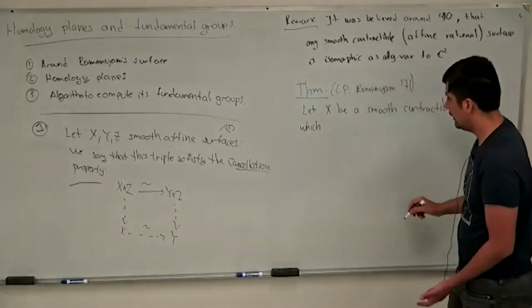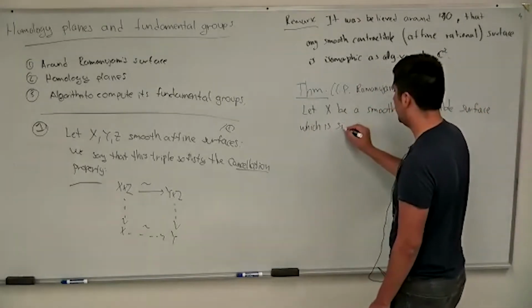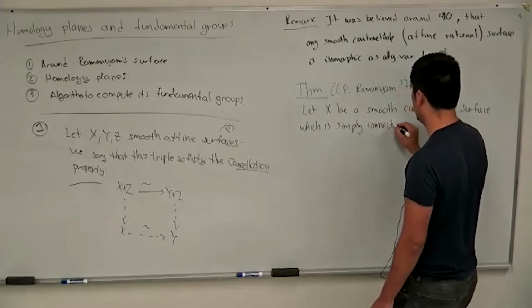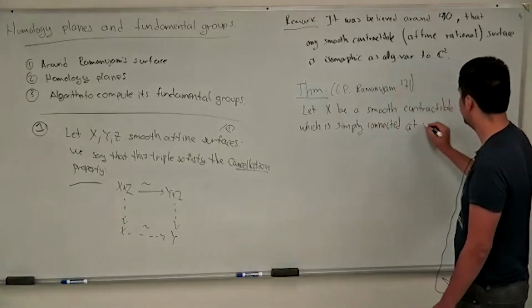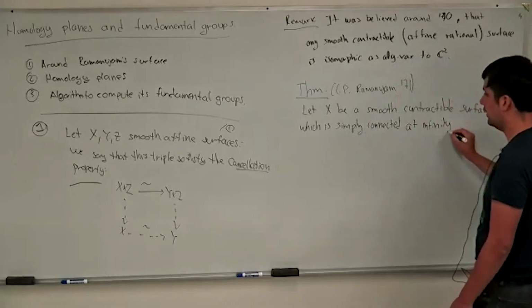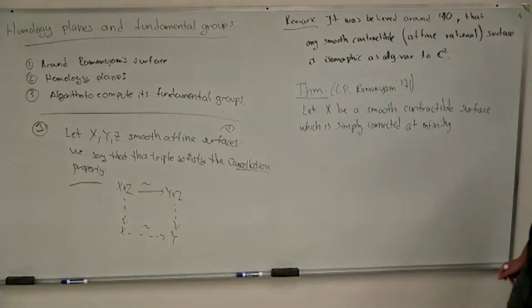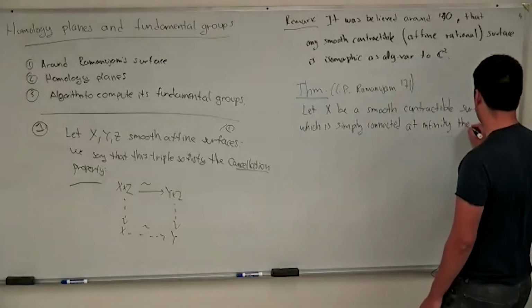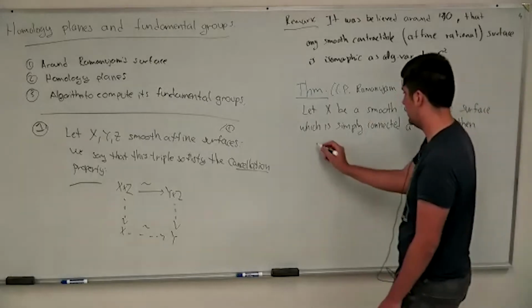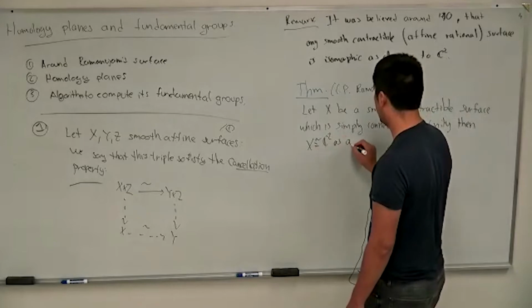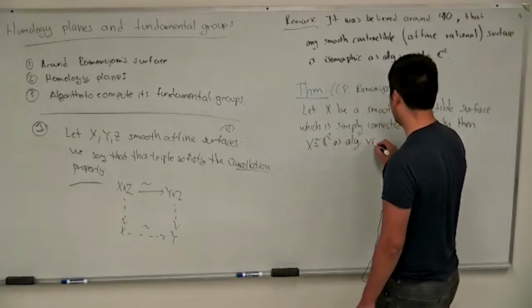We need to add a hypothesis, which is simply connected at infinity. I'm going to define what this means. And then he showed that this X is isomorphic to C2 as an algebraic variety.